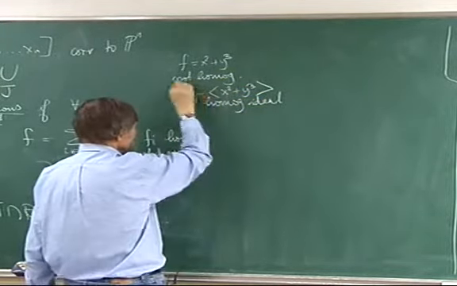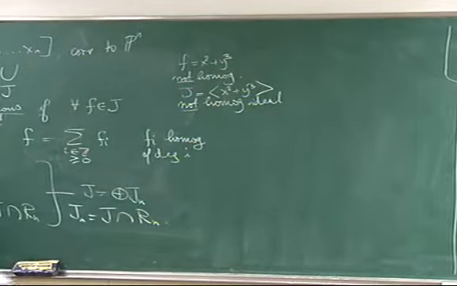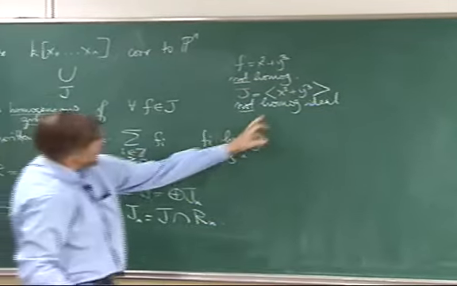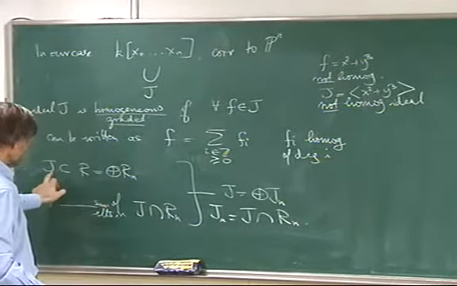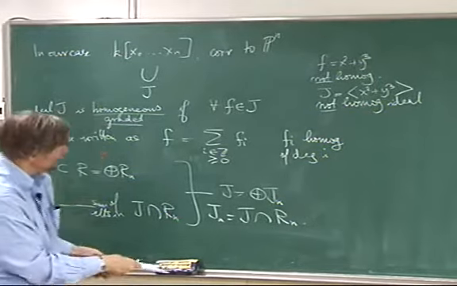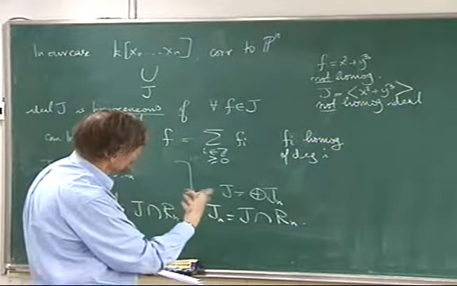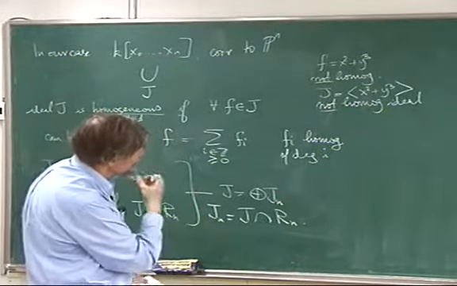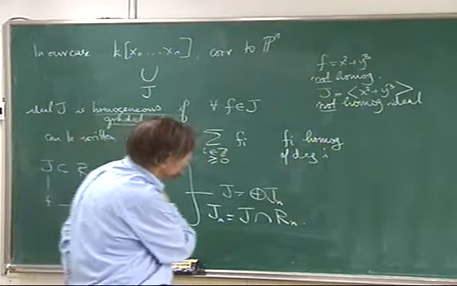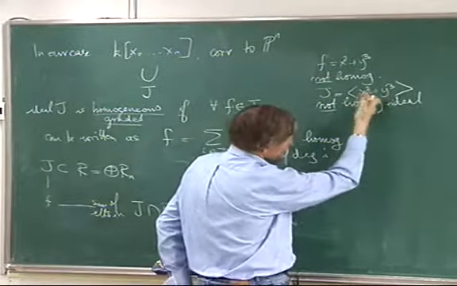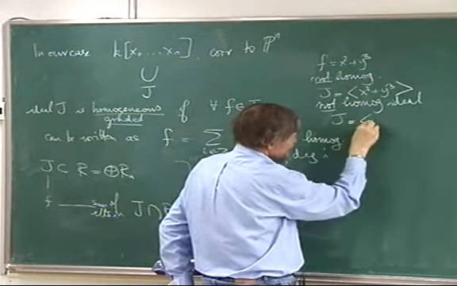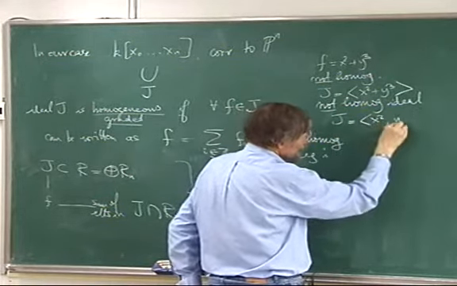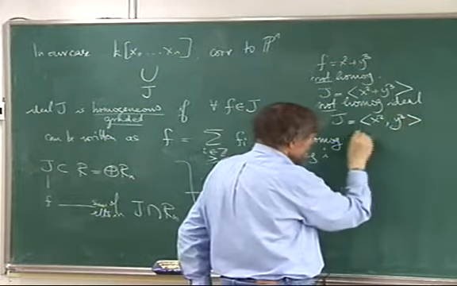It's not homogeneous because if I take this f and write it as x squared plus y cubed, these pieces are not actually in J. Breaking up into homogeneous pieces of the same degree does not preserve belonging to the ideal. On the other hand, if I write J as generated by x squared and y cubed, this is homogeneous.